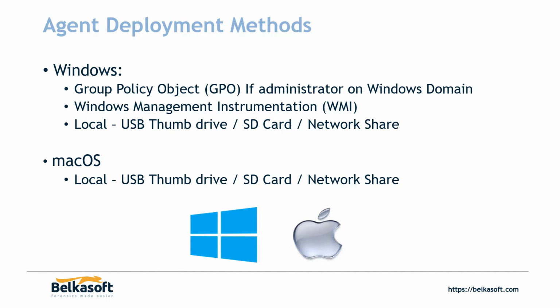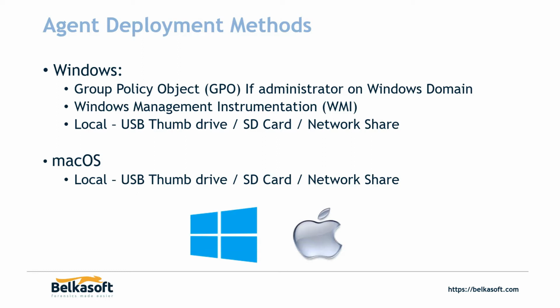So this is really good for the mass deployment option. So say you're working an incident response case, and you need to push agents out to thousands of endpoints at one time. This is going to be your go-to deployment method. You can simply craft a group policy object within the Belkasoft R product, and it'll push the agent out to all of the endpoints.